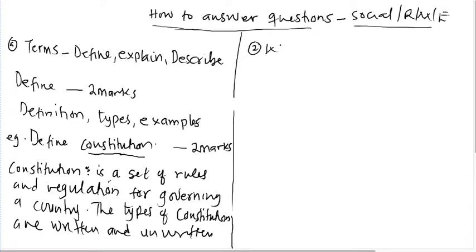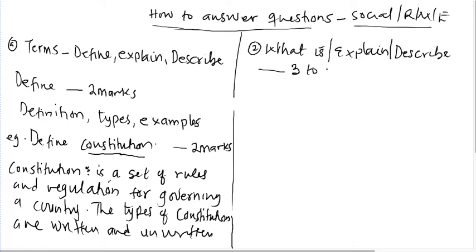A command like what is, or explain or describe, which is a term, actually goes with 3 to 4 marks. And the marks there should tell you. The steps goes with this.